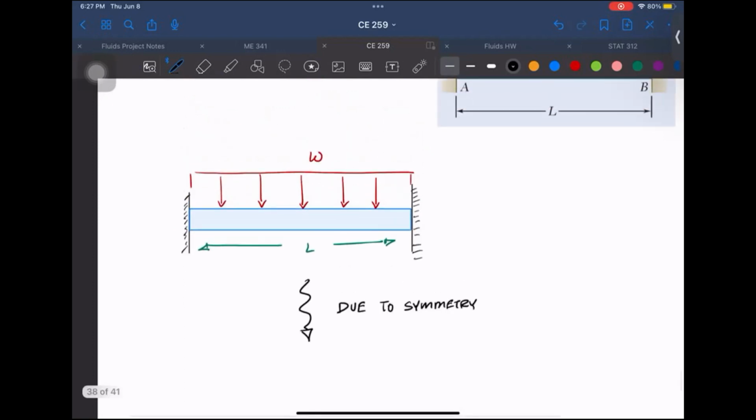For one, we know that because it's a fixed support at both ends, there's going to be some reactions involved. Let's call this point A, point B. So we're going to have an X, a Y, and then a moment at both ends.